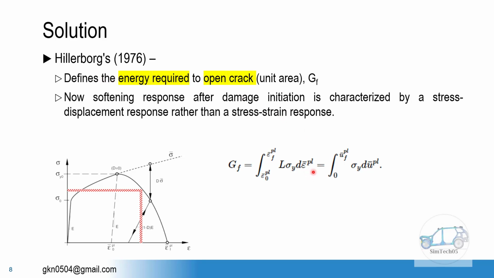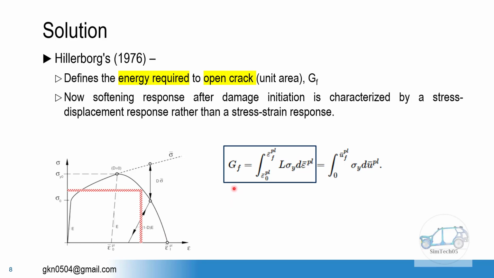So the area term will cancel out and only the length term will remain. So this is nothing but the energy to open a crack with unit area under the limits of plastic and fracture strain, and here those plastic strain and fracture strains are mentioned.